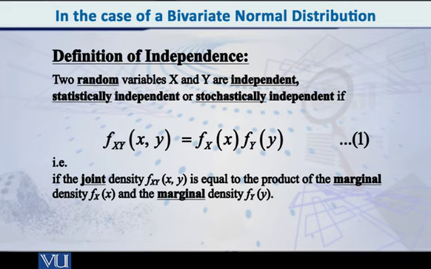They are independent if the joint density f of xy can be factorized into the product of the two marginal densities, f of x, the marginal density of x, and f of y, the marginal density of y. तो it's a basic condition. अगर ये हम शो कर सकें कि हमारी बाइवेरिएट नॉर्मल के केस में भी रो के ज़ीरो होने पर ये हो रहा है, then we have proved the second part of the statement.